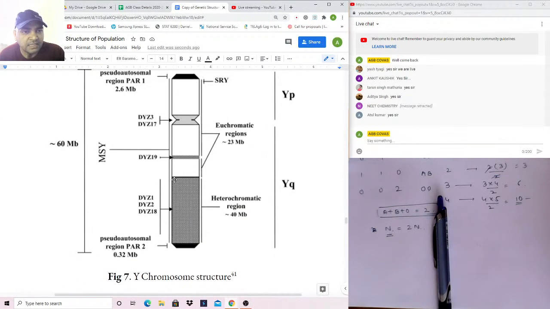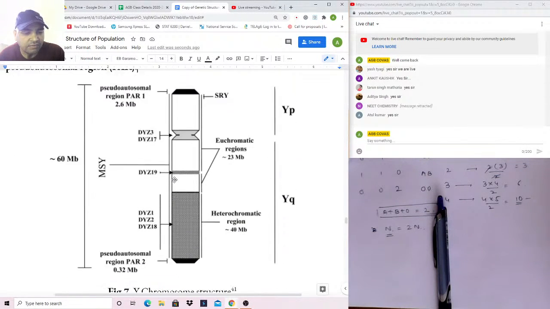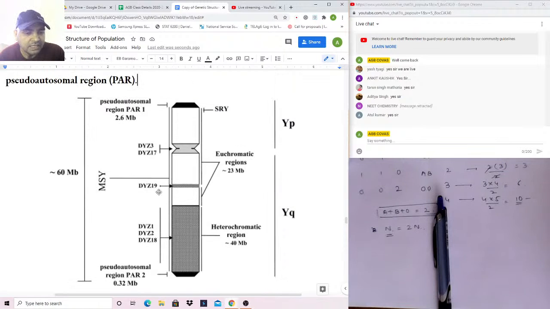This is the basic structure of a Y chromosome, and you can see at the tips there are the PAR 1 and PAR 2 regions, and the rest of the regions are MSY. These regions do not take part in recombination.